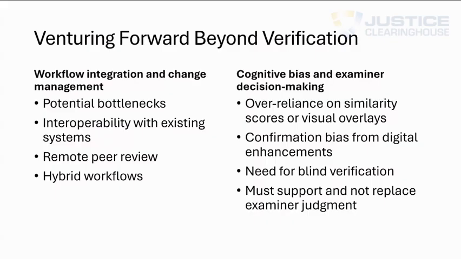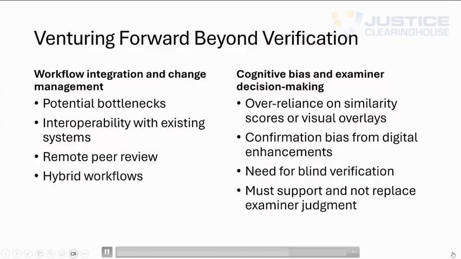So we can mask a lot, which leaves the opportunity open for blind verification. And at the same time, it is a good measure of repeatability and reproducibility because we can annotate what we're looking at to make our decision, whether it be for an identification, elimination, or inconclusive.